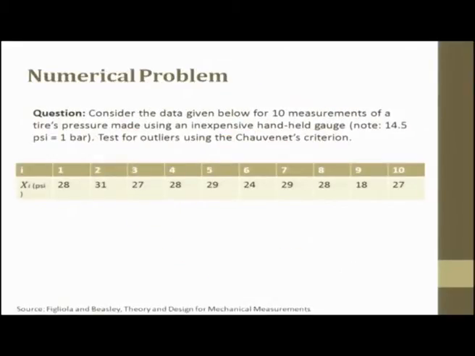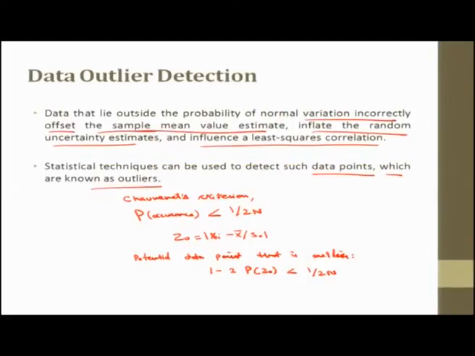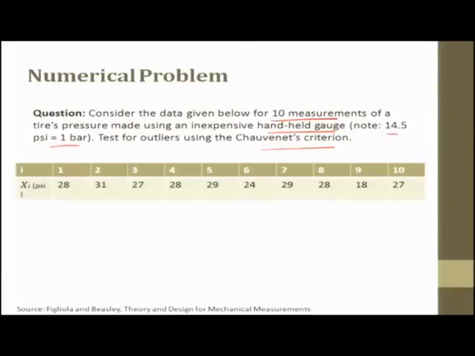So, let me try to see this problem here. We have 10 measurements of a tire pressure made using an inexpensive handheld gauge. Test for the outliers using Chauvenet's criterion. 10 measurements, and we have this observation table here. Now, we first need to find x bar and sx. x bar is nothing but the average of these values.